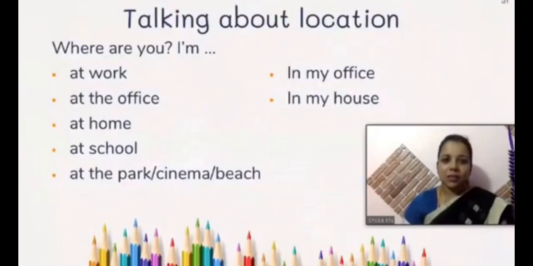Here are some more phrases, talking about location. Where are you? Various answers for this question are: I'm at work, I'm at the office, I'm at home, I'm at school, I'm at the park, I'm at the cinema, I'm at the beach, I'm in my office, or I'm in my house.